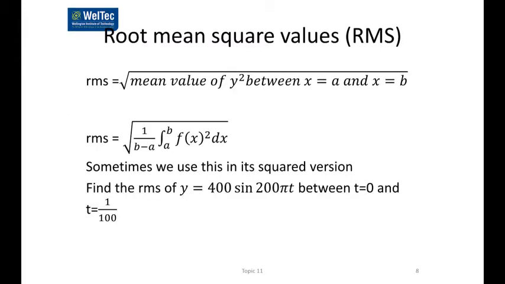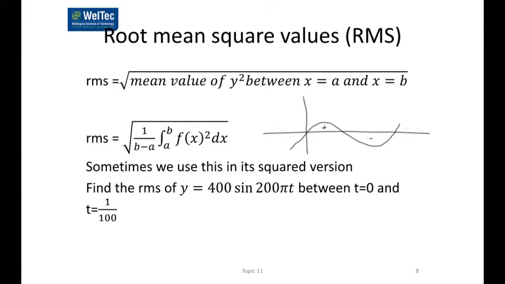Let's think about the mean value. If we were looking for the mean value of a sine curve where it's cyclic, and this bit's positive and this bit's negative, if we were to take the average over the whole cycle, then the average value would be 0, which kind of really doesn't make sense.